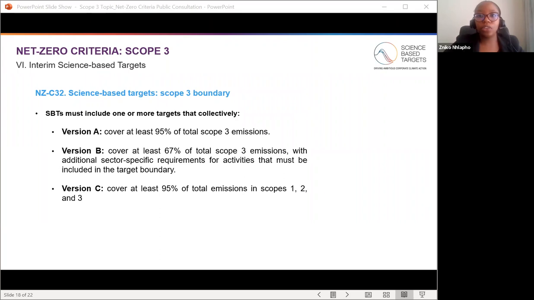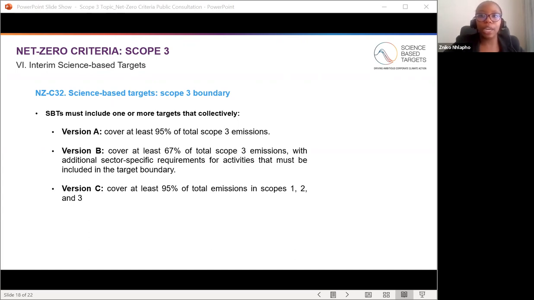So moving on to Criterion 32, which is around the scope 3 boundary. This is similar to Criterion 18 that we spoke about a bit earlier, presenting 3 different versions of a possible boundary.